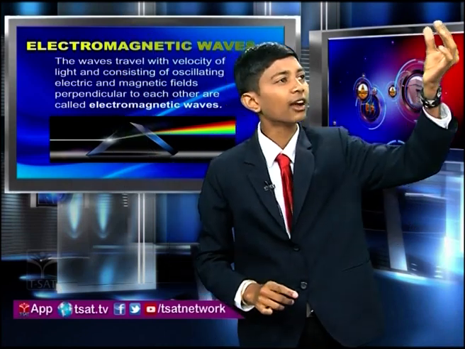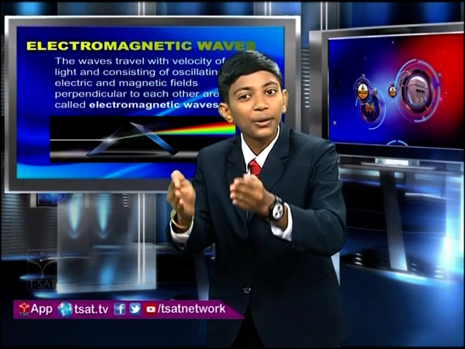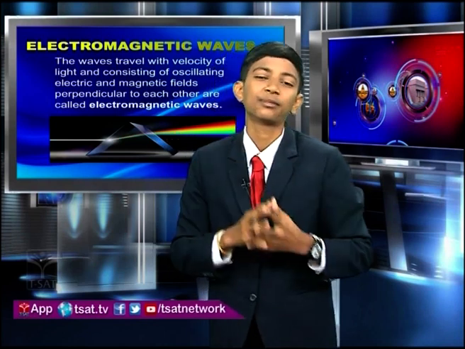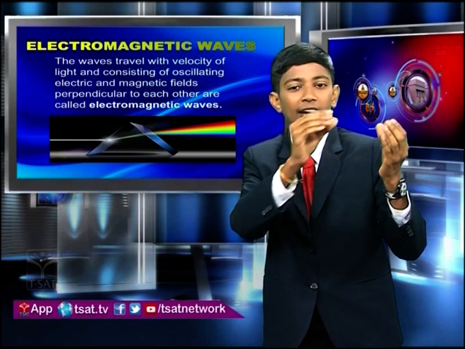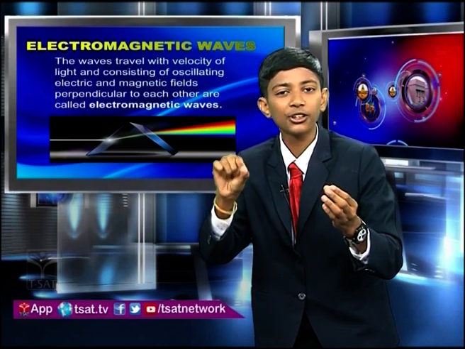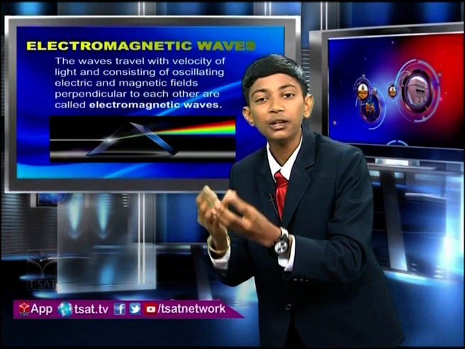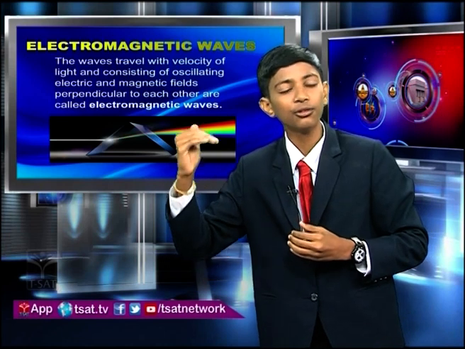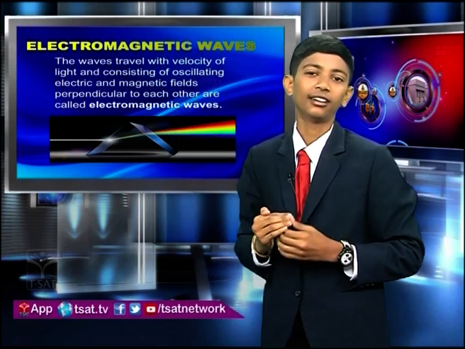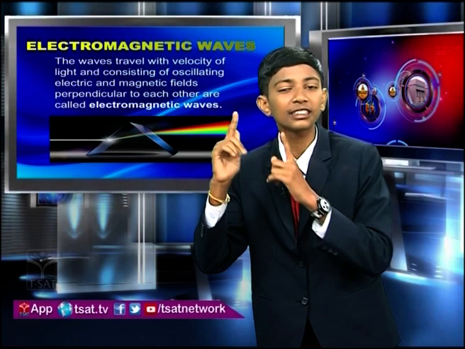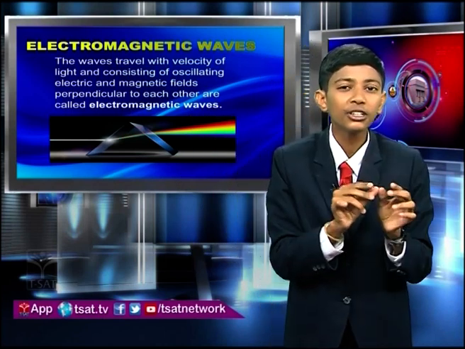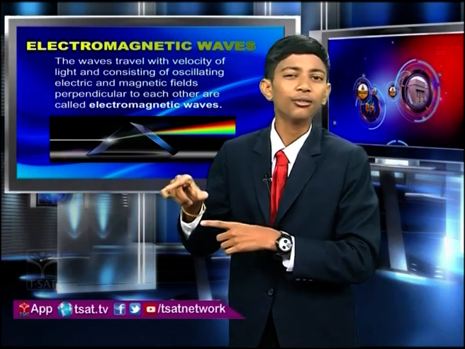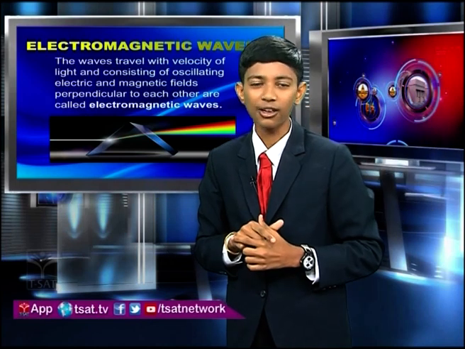Whenever this white light falls on a prism, refraction and dispersion take place. In the dispersion, the white light splits into a sequence of colors like violet, indigo, blue, green, yellow, orange and red. This sequence of colors is called the visible spectrum or simply VIBGYOR, and this is one example of electromagnetic waves.